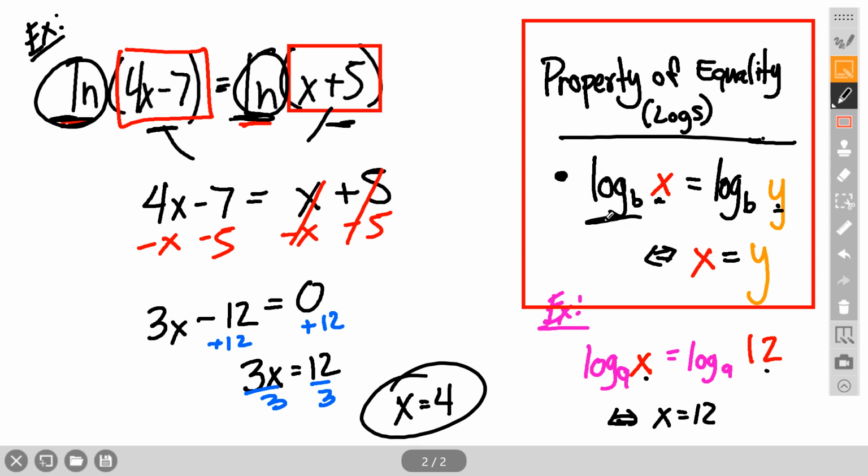If it looks just like this, that is the only time this will work. Tomorrow we're going to see some problems that only have one side with a log, and we'll see how to solve those. They're also not too hard, but they're not as easy as this, that's for sure.